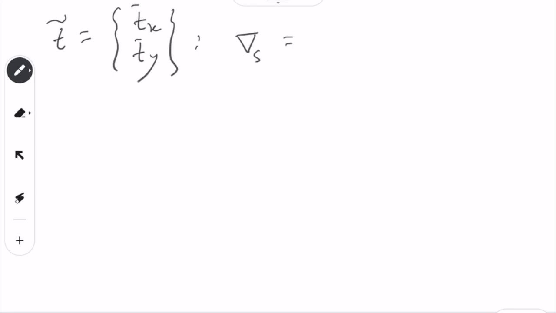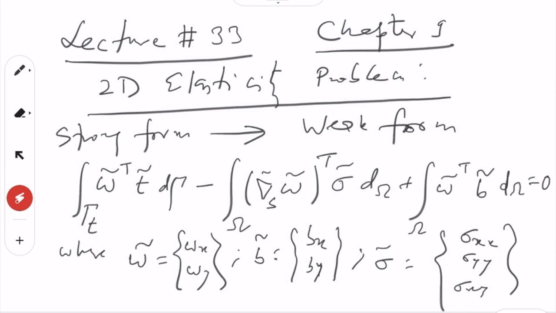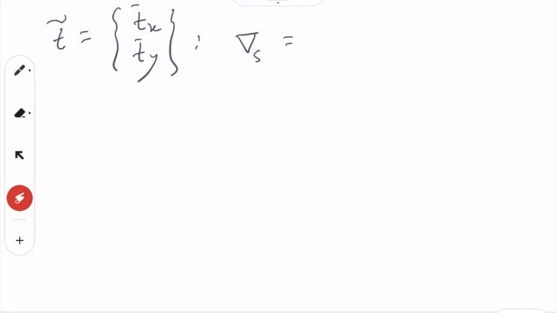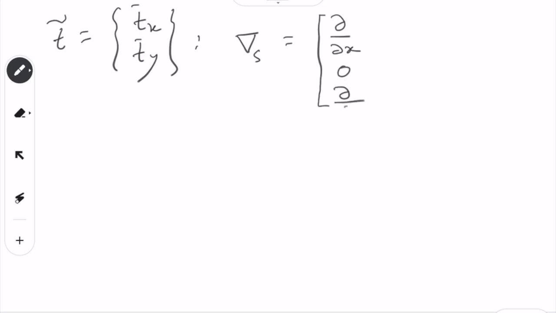Then del s is given as, so this is working on w, so w is 2 by 1, so del s is 3 by 2: del over del x, 0, del over del y, 0, del over del x, del over del y.